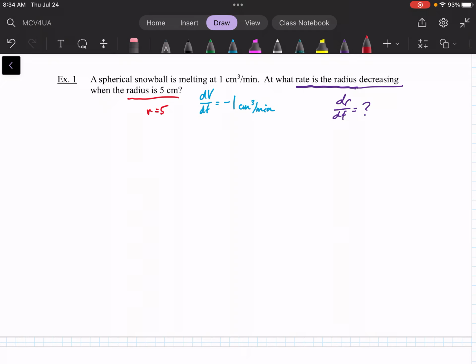Do you know of any relationship between volume and radius? Hopefully you remember the volume of a sphere is 4/3 pi r cubed. Now we find the derivative with respect to time on both sides.